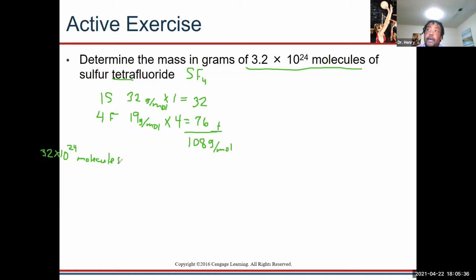So I have 3.2 times 10 to the 24th molecules of SF4. Okay, so then what am I going to do? And then we'll have 1 mole on the bottom.